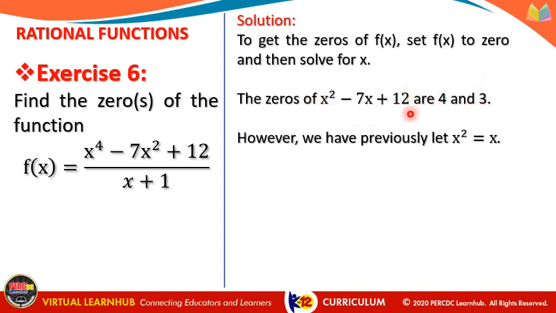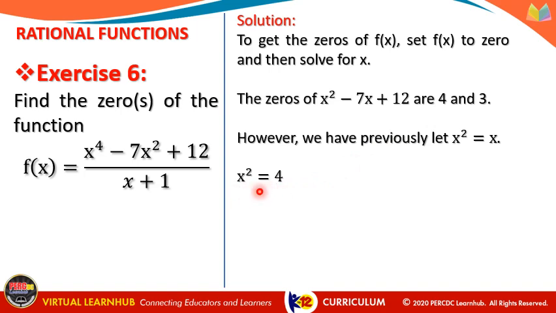But in reality, yung mga x ay actually x squared. Anong ibig sabihin ngayon nito? Anong next na gagawin natin? Ang gagawin natin ngayon is ganito lang. Kunin mo yung dalawang nakuhang sagot, i-equate mo sila sa x squared. Alright? So, kunin mo yung 4, i-equate mo sa x squared, and then just solve for x.